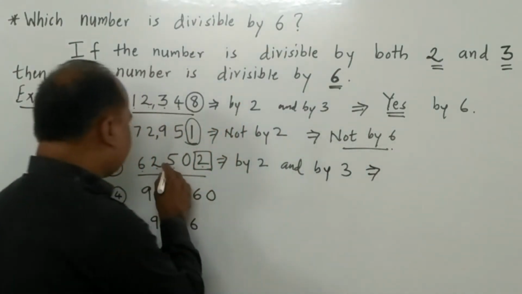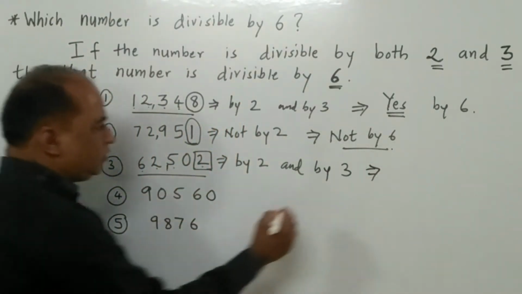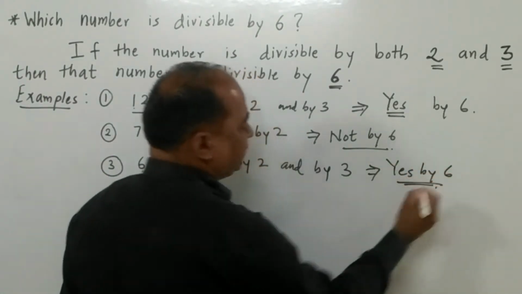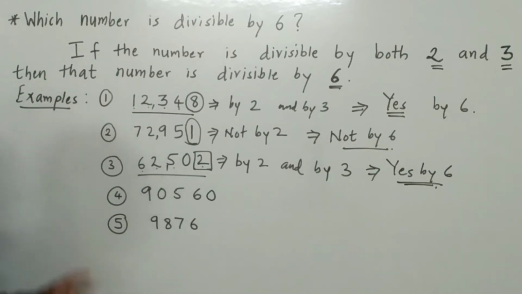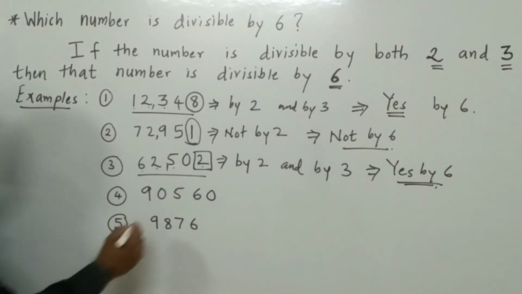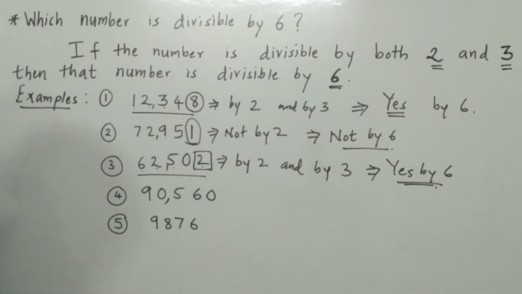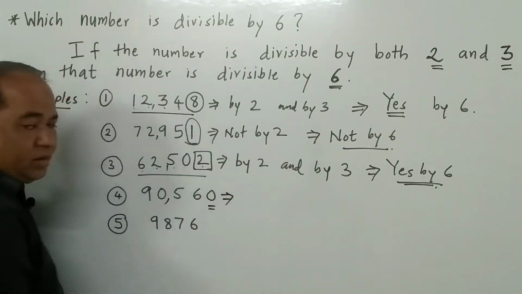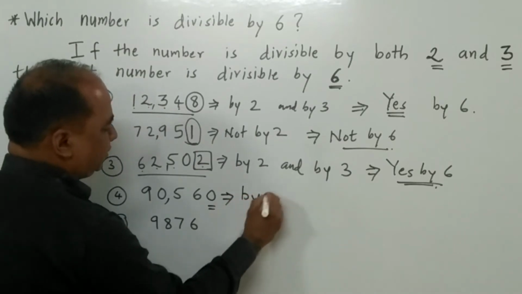Therefore, this number 62,502 is divisible by 6. Yes, it is divisible by 6. One more example, 90,560. The last digit is 0, so it is divisible by 2.